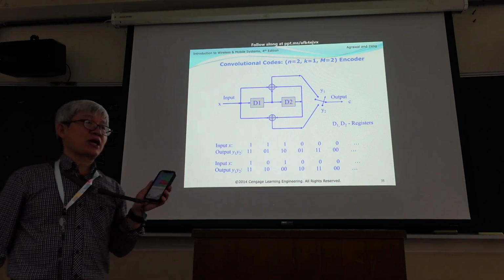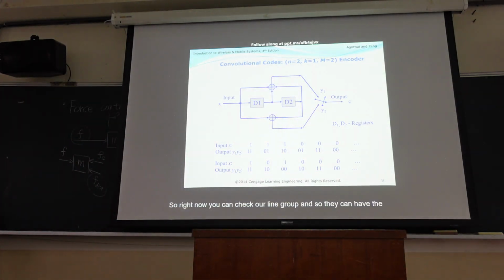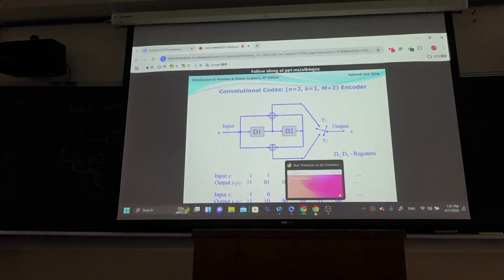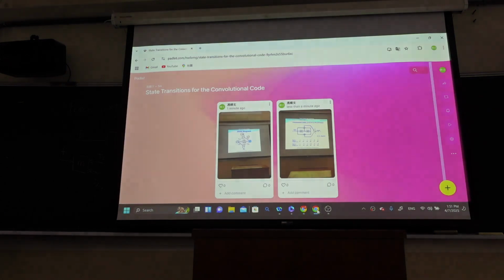So right now you can check our line group and so that you can have the entry to the pattern, right? Of course, and then we have the two figures. And let me have the correction first.